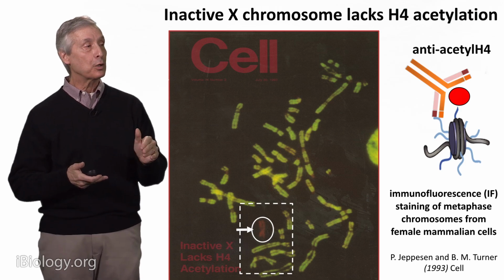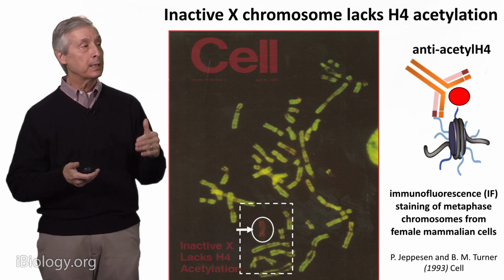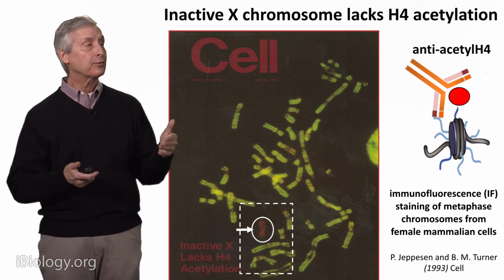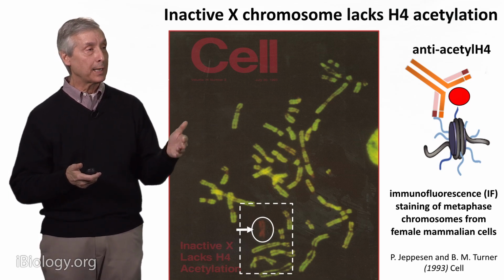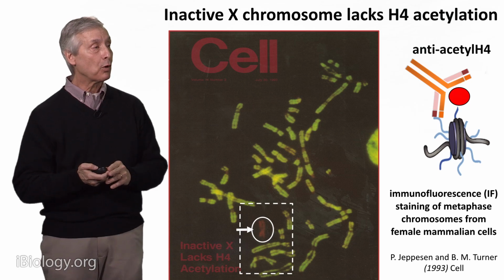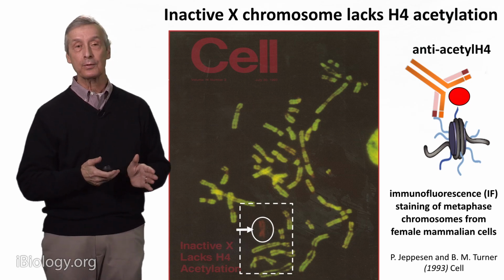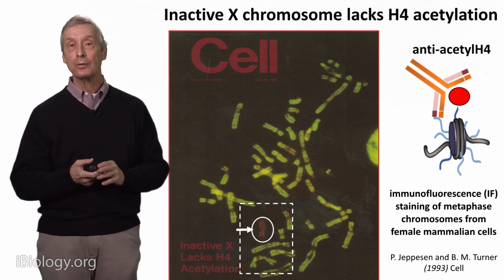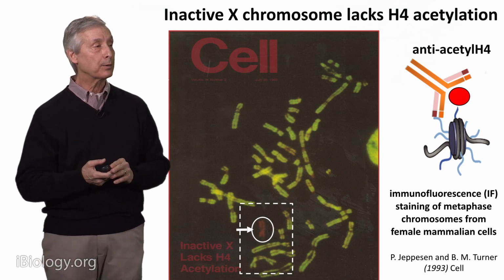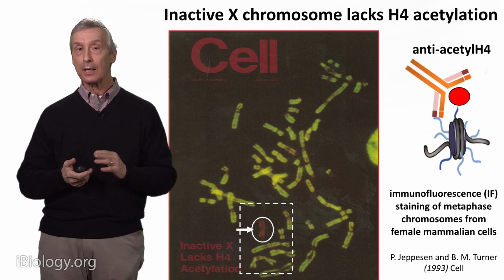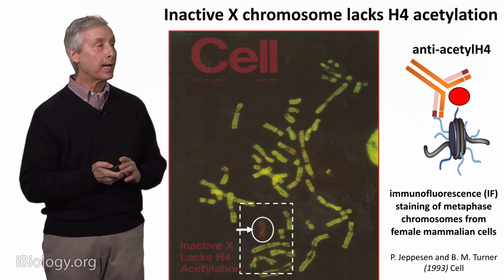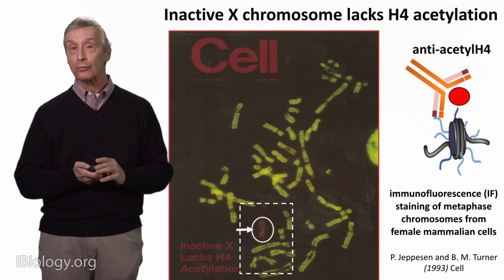And they made note with a counterstain that was enabling them to see the underlying non-antibody stain, that one chromosome in the dashed box with the circle, arrow pointing to it, was lacking the yellow-green stain. And that, in fact, turned out to be the X chromosome.